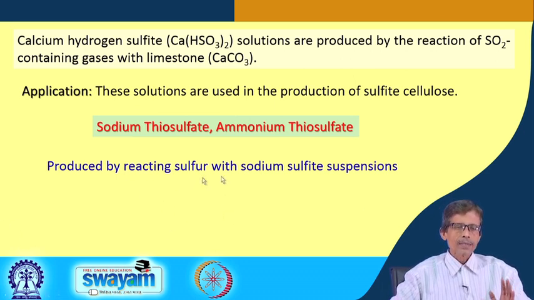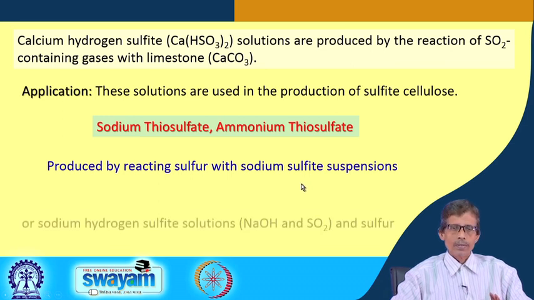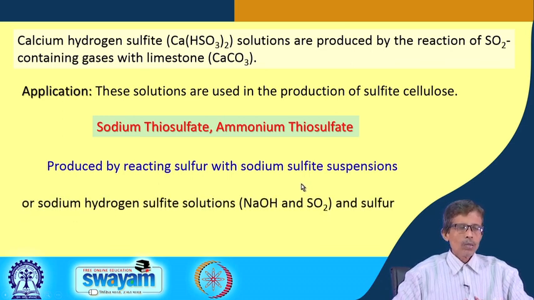That means, reacting sulfur with sodium sulfide suspensions or sodium hydrogen sulfide solutions, which are nothing but a mixture of sodium hydroxide and sulfur dioxide, as well as some extra amount of sulfur. So, if that particular alkaline solution easily dissolves the excess sulfur, we get a direct reaction of the two anionic parts.